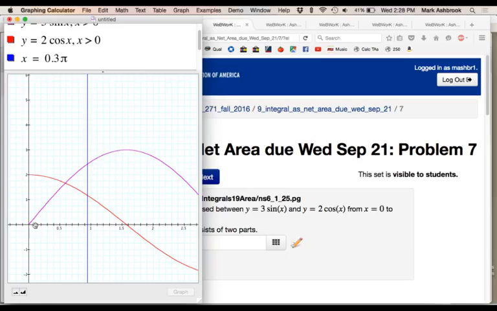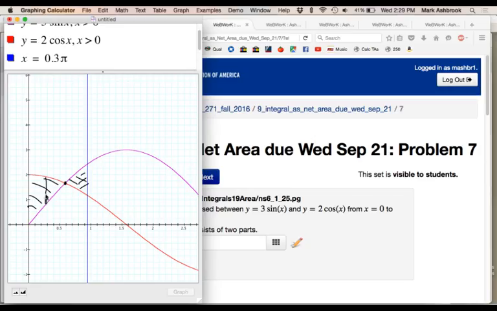So between those two, from 0 to 0.3, there's something different about this. What do you notice? We've got to get a good picture, but what we notice is halfway through there, the curves intersect, and so we have a different top versus bottom function. So we're going to have two different typical strips.